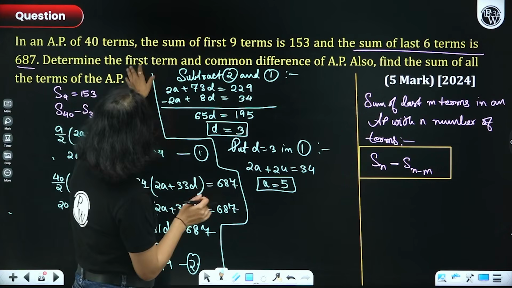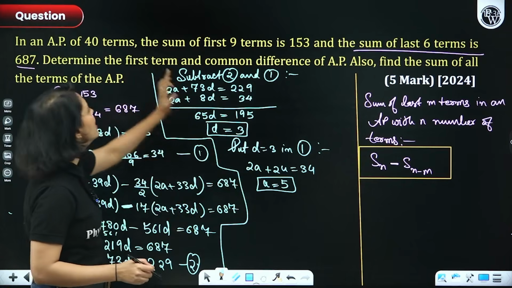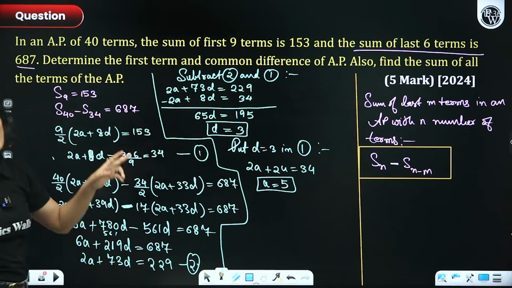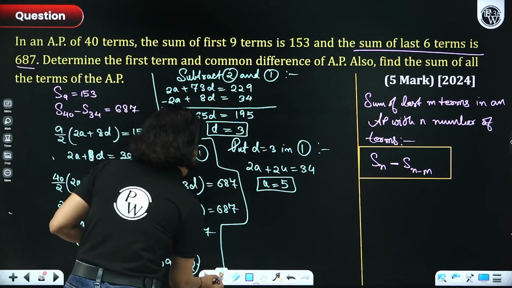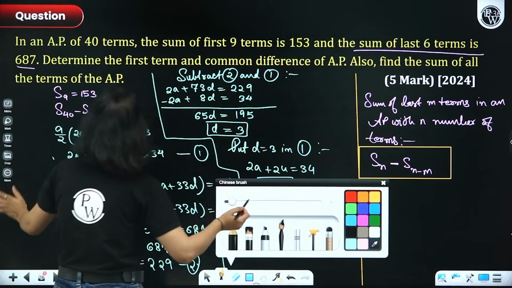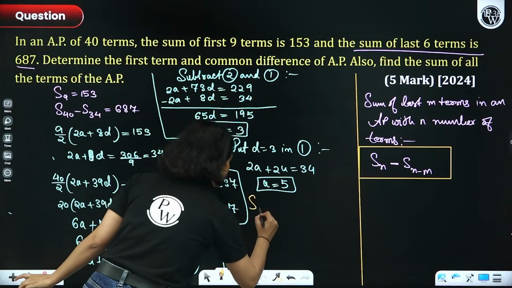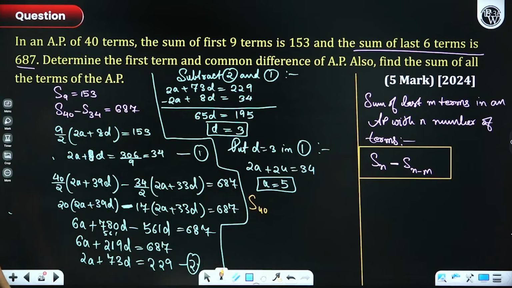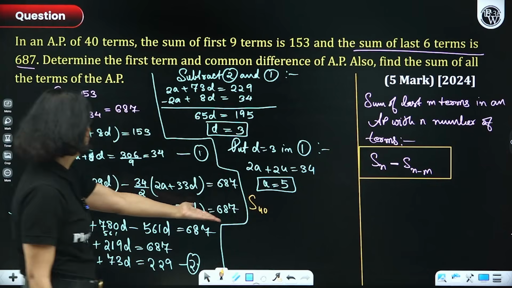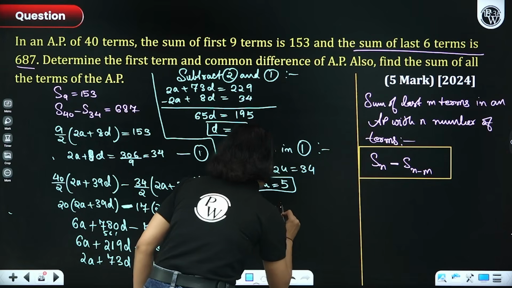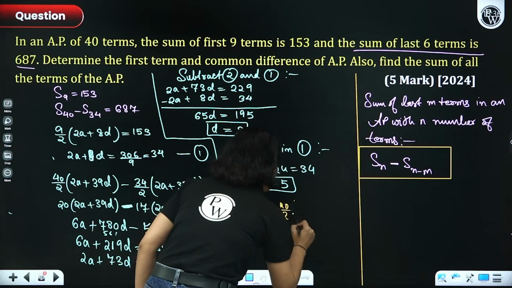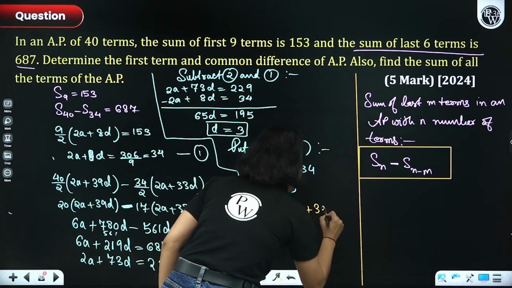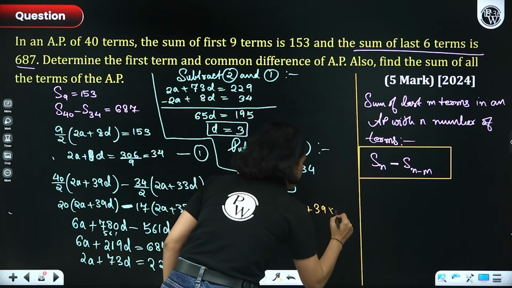So we have figured out the first term as 5. We have figured out the common difference as 3. We have to figure out the sum of all the terms, that means we have to figure out S40, everyone. This is what we have to figure out. We can do that here. It would come out to be what? 40 by 2 into twice of A, that means 10, plus 39 into D. D is what? 3.